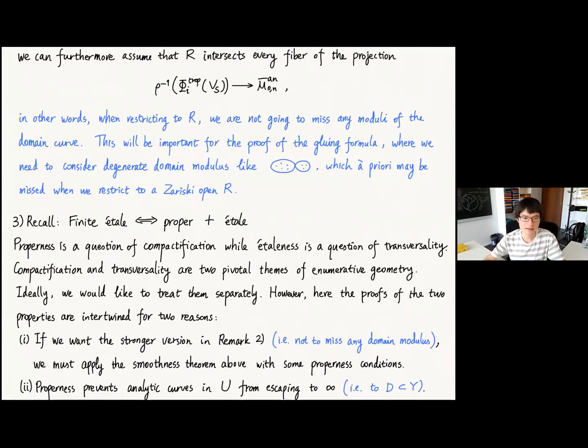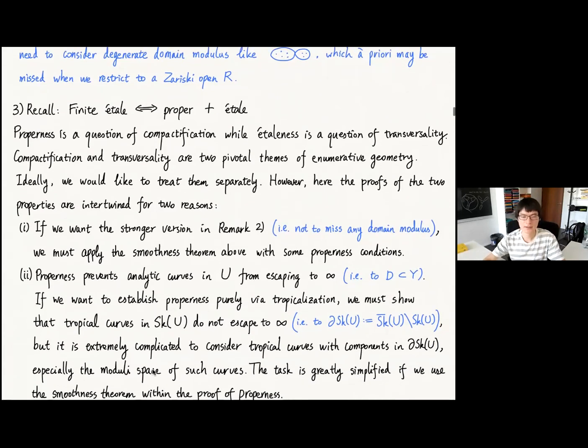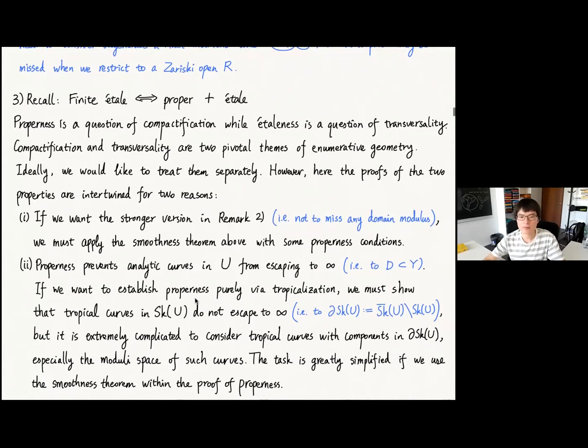And second, properness prevents analytic curves in U from escaping to infinity, that is, escaping to the boundary D. If we want to establish properness purely via tropicalization, we must show that tropical curves in the essential skeleton SKU do not escape to infinity. That is, do not escape to the boundary of the essential skeleton, which is just the closed essential skeleton minus the essential skeleton.